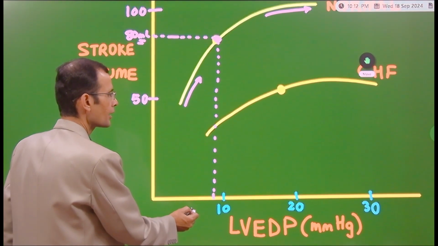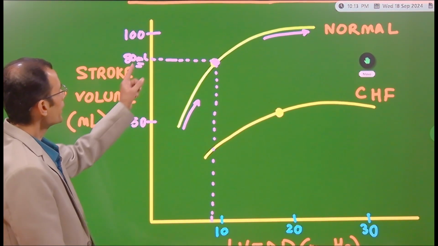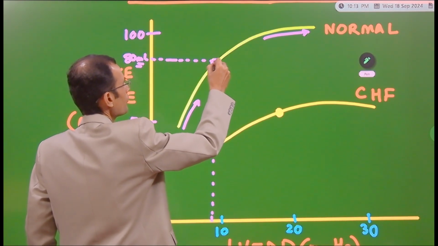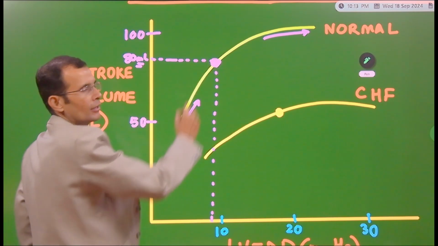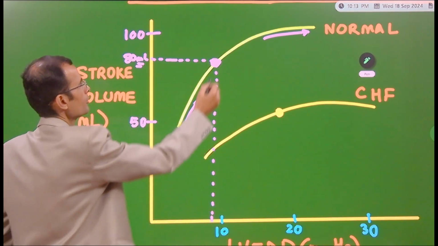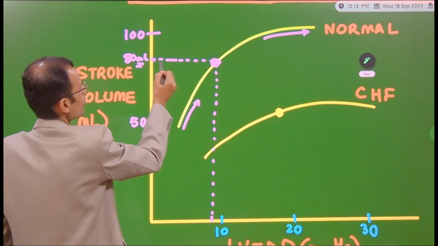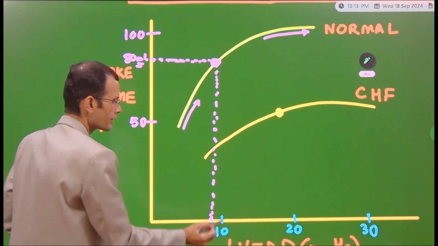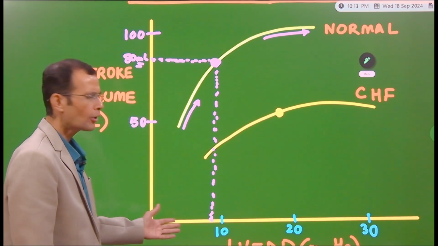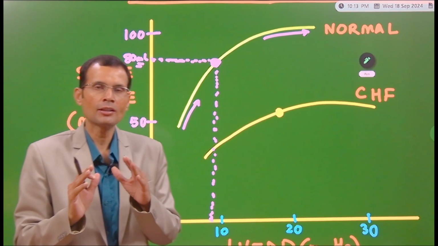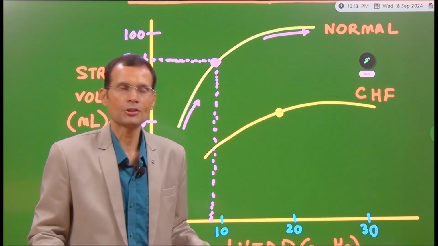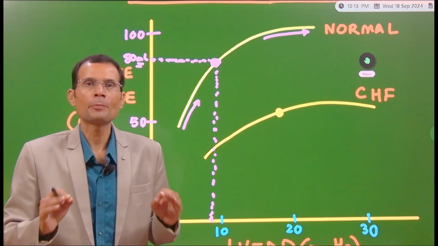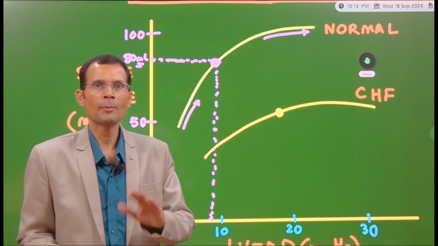You can see here in the graph, 80 ml stroke volume. This point we are considering as the mean point for this curve. So this point corresponds with 80 ml stroke volume, and on the horizontal axis it corresponds with about 5 to 10 mm of Hg left ventricular end diastolic pressure. So normal left ventricular end diastolic pressure is in the range of 5 to 10 mm of Hg.